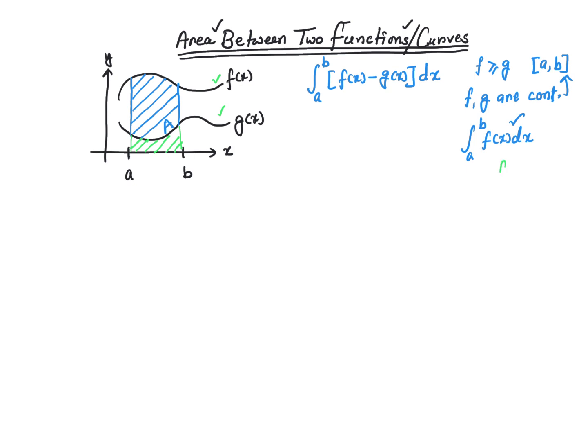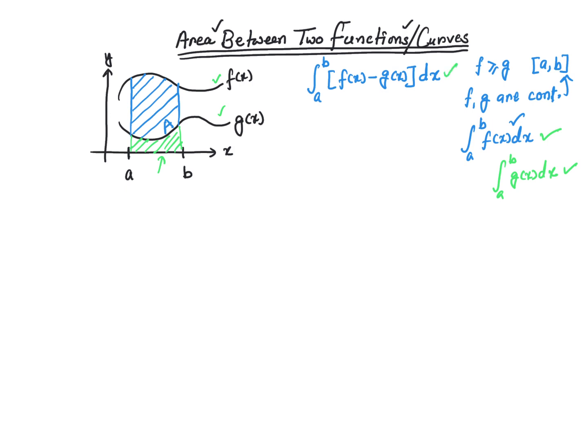However, the integral from a to b of g of x dx is going to give you only the green shaded region, this region right here. So if this integral gives you blue plus green, and this integral gives you only green, if you subtract the green shaded region, you're left with the blue shaded region, which is nothing but this integral.